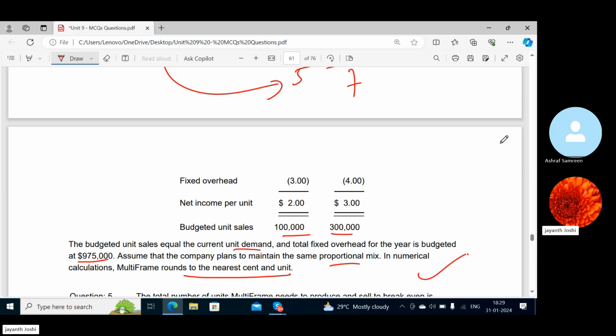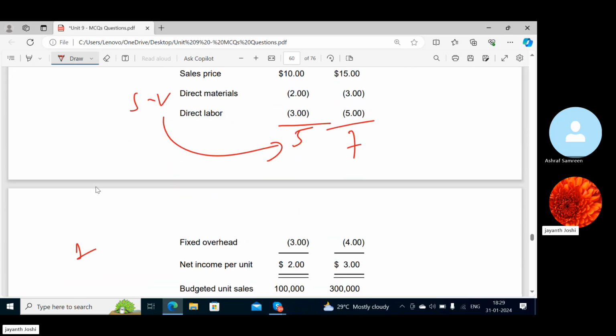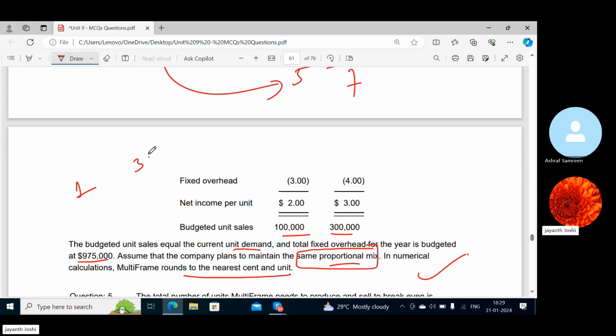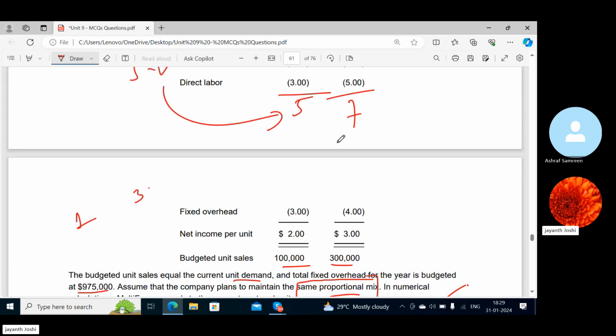So this is again the same kind of question what we saw, because the budgeted unit sales equal the current unit demand, and total fixed overhead for year is budgeted at this. And they are maintaining the same proportional mix. That means for every 1 unit of plastic frames, 3 units of glass frames are sold, right?